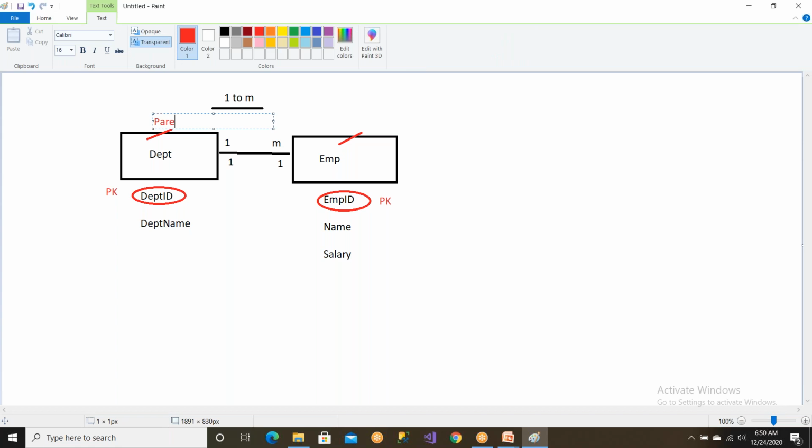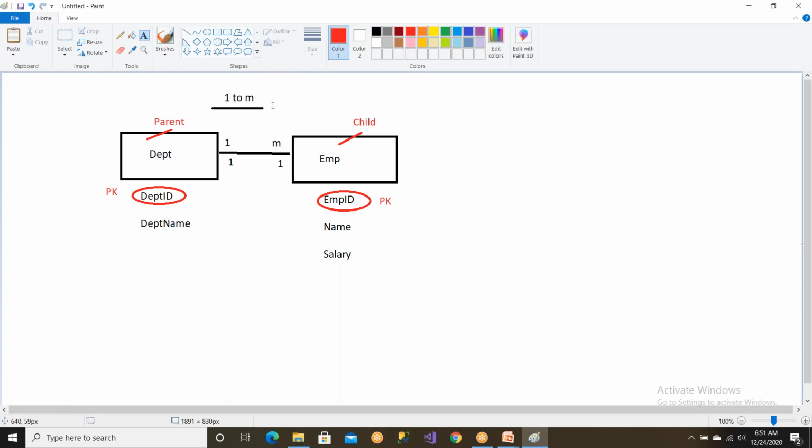So this is my parent entity, and this is my child entity. Only for one to many will you have a parent and a child. For one to one and many to many, you will not get it. So what is the rule here? The parent table's primary key only can become a foreign key in the child table.